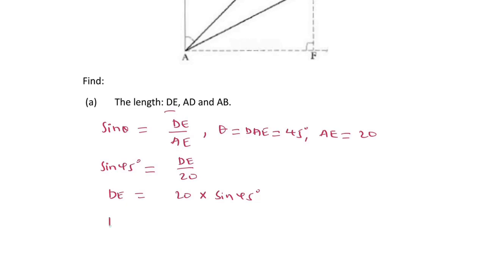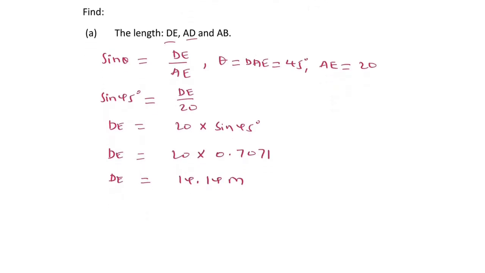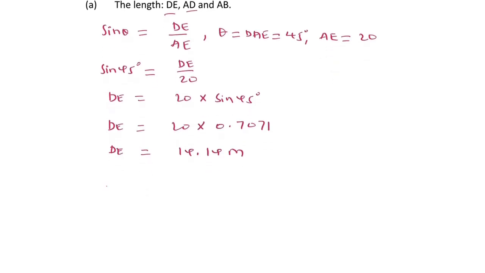We have DE equals 20 times 0.7071. Solving this, we are going to have DE equals 14.14 meters.